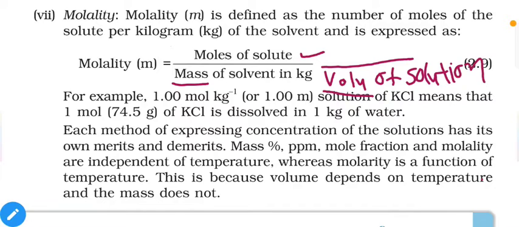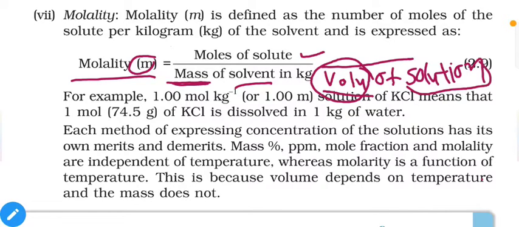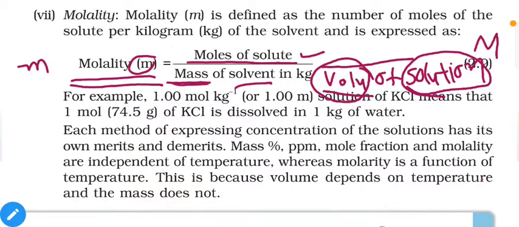Okay, so these are the two differences. In molality, or small m, we have mass of solvent alone, not solution. In case of molarity, we have volume of solution. That means combined volume of solvent and solute. On the other hand, in molality the symbol is small m, and the symbol of molarity is capital M. So molality represents number of moles of solute in quantities measured in mass, for solvent only.